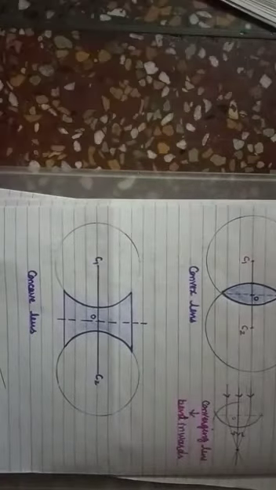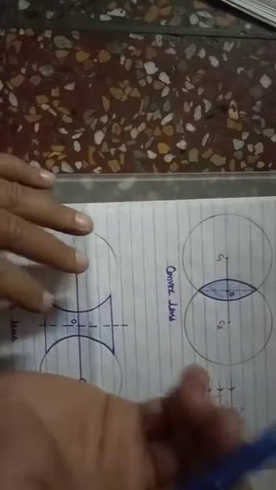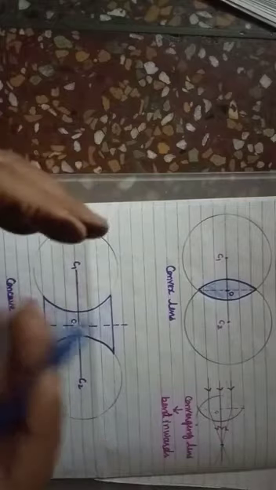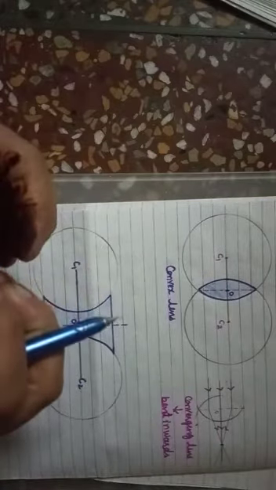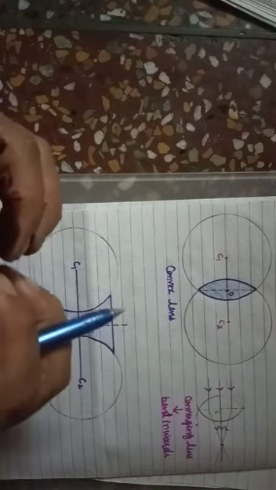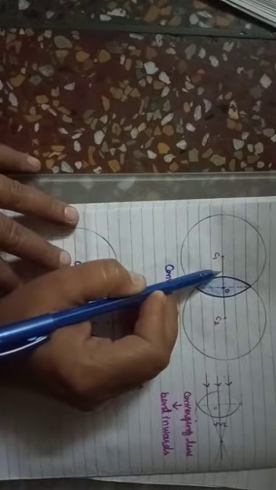Let's discuss some terms related to spherical lenses. The first main term is the principal axis.